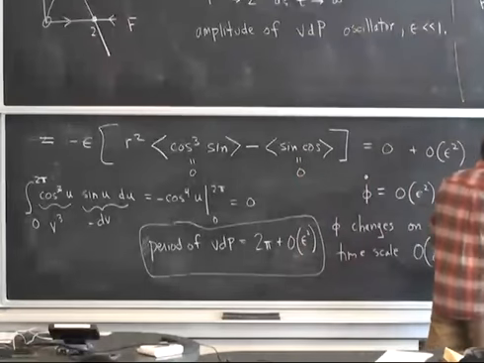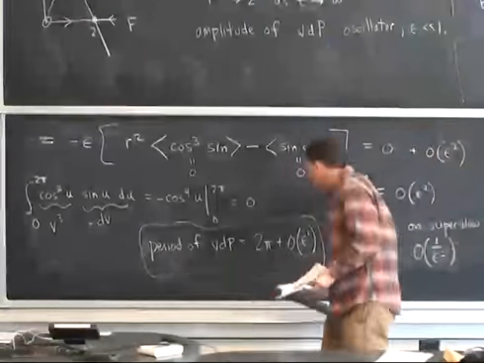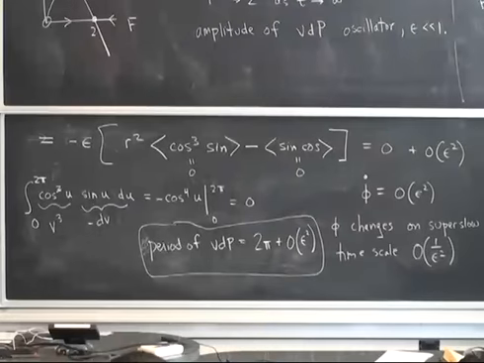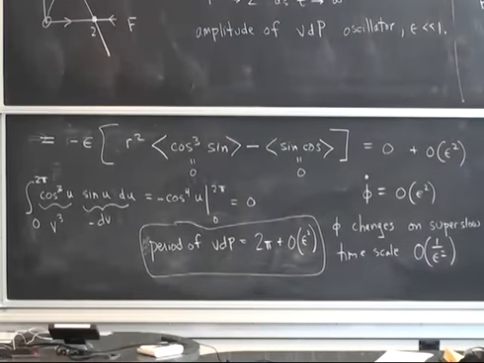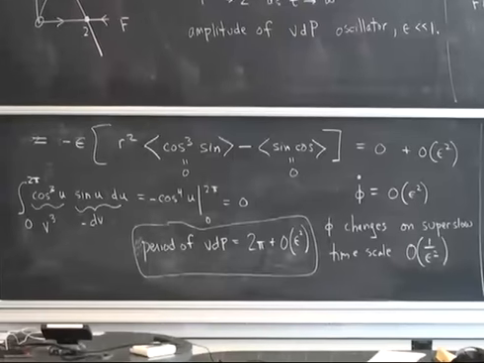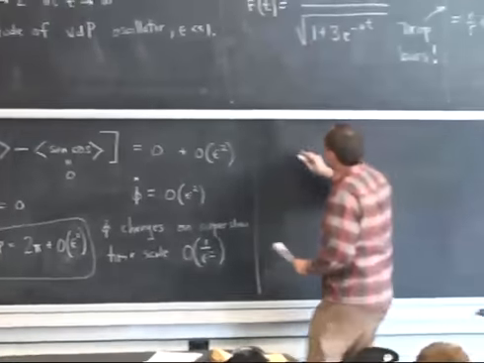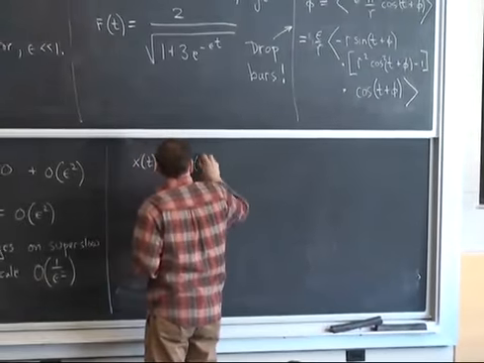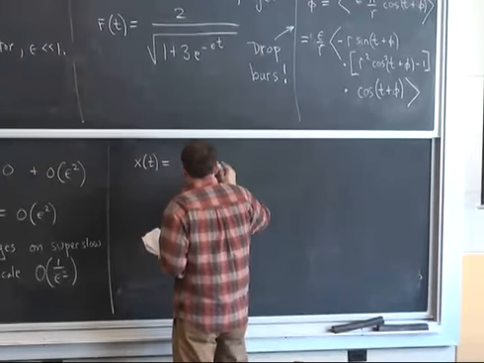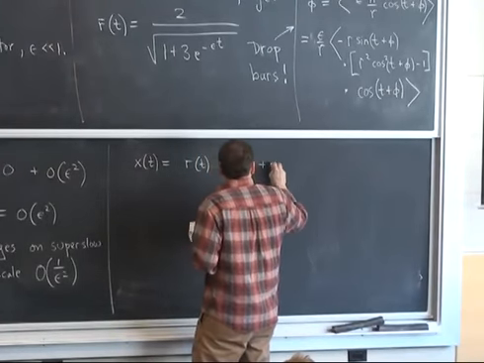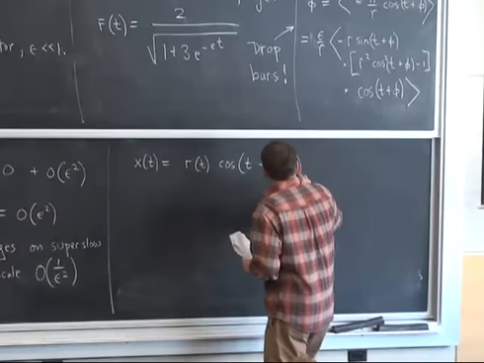So that being said, we can now make this interesting comment about the solution of the van der Pol, which is that to the order of perturbation theory that we're working, we know that the r and the phi were defined so that x of t is r of t cosine t plus phi of t.